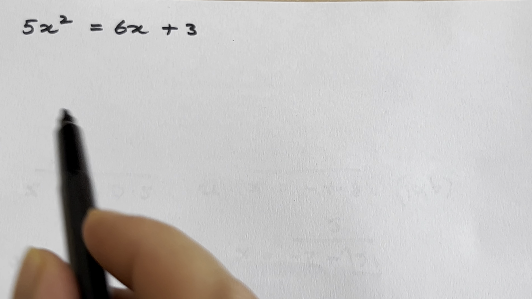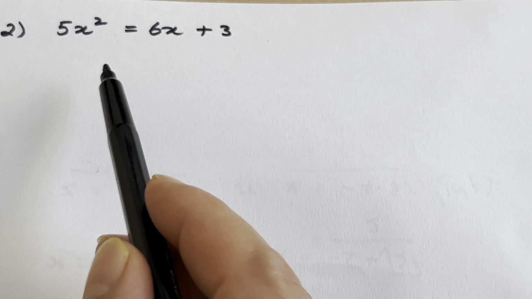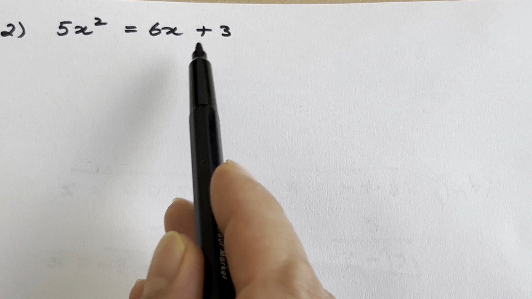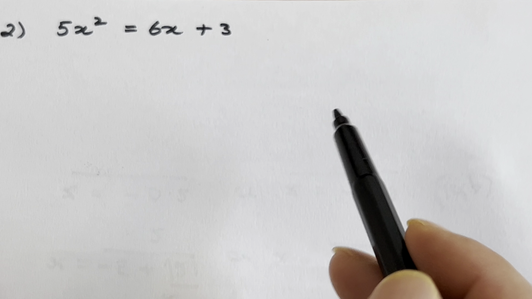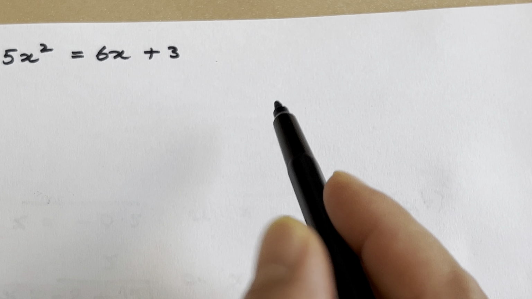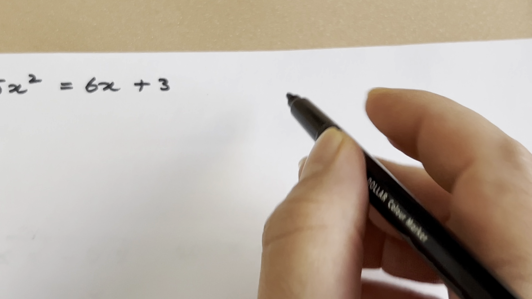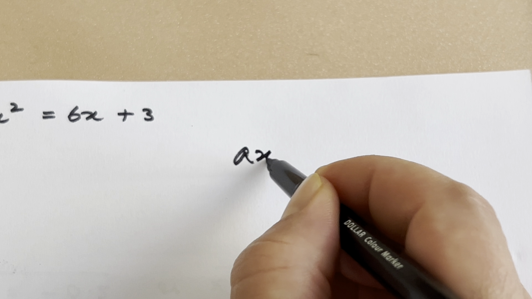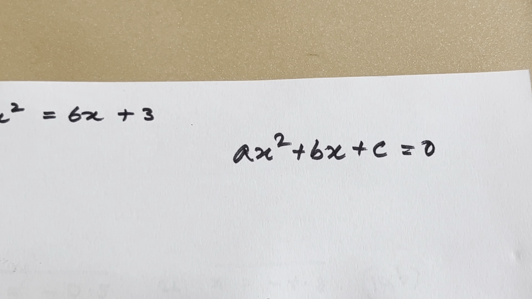Okay, now let us look at the second one here, which says 5x squared equal to 6x plus 3. This quadratic equation is not in our general form. What is the general form of the quadratic equation? Which is ax squared plus bx plus c equal to 0.